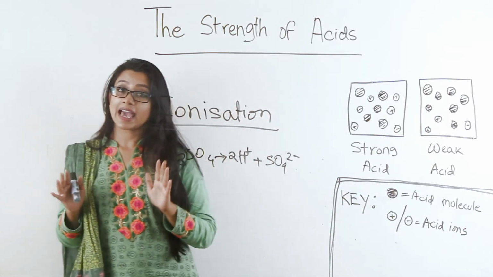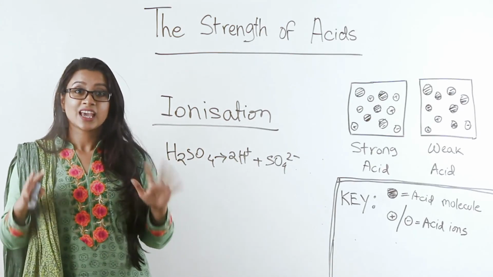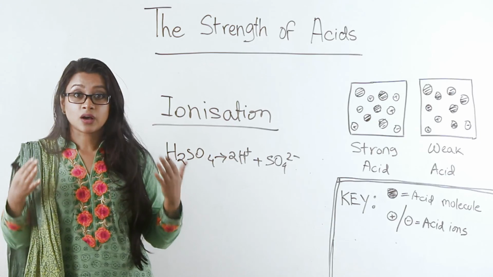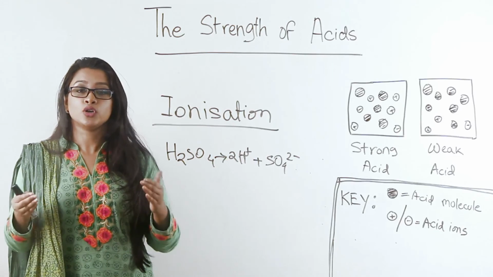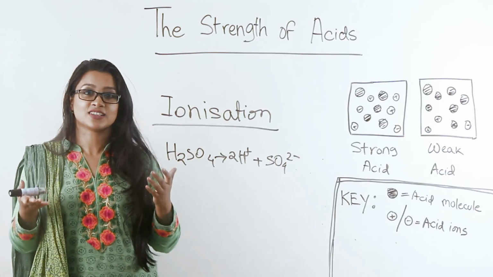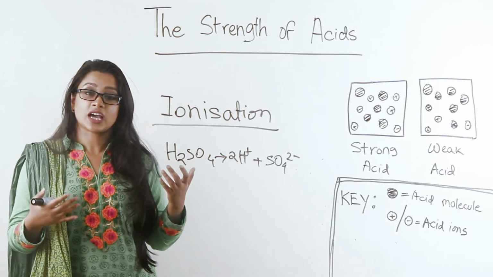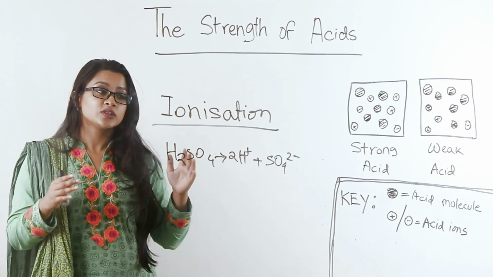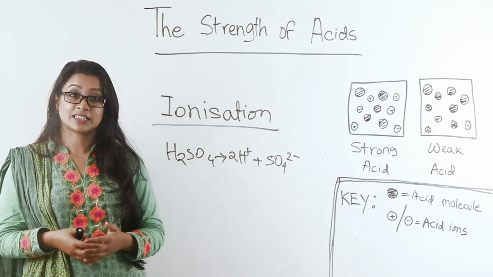So, whenever an acid molecule is able to ionize completely, as in when it reacts with water, it forms ions much more efficiently than other acid molecules, it is known to be a strong acid. Examples of strong acids are some that I discussed at the beginning of this lecture, such as sulfuric acid, nitric acid, and hydrochloric acid. So these were some of the examples and explanation of what the strength of an acid means.